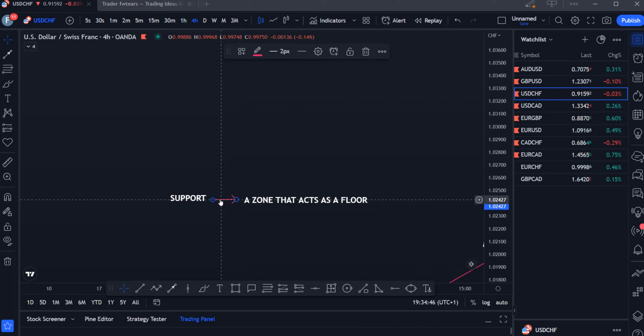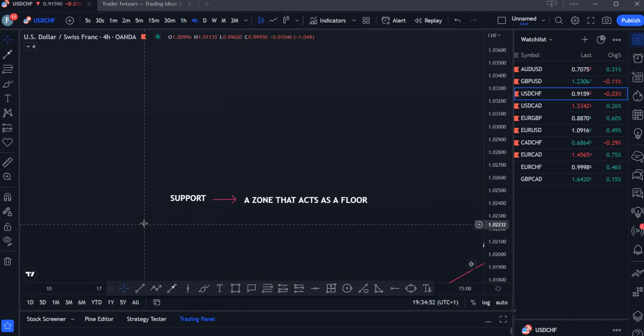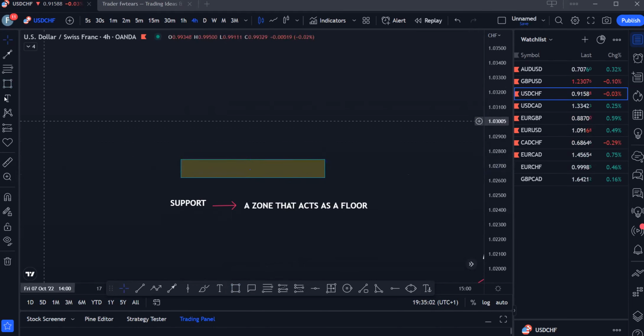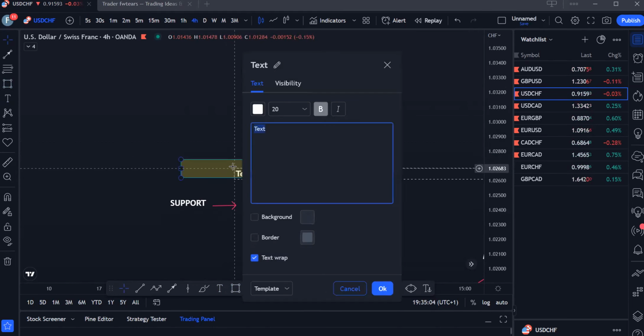Okay, so in the foreign exchange markets, we say a support zone is a zone in the market that acts as a floor. Why a floor? So let's give this a pictorial view, right? So this is your support. Think about support as a floor.